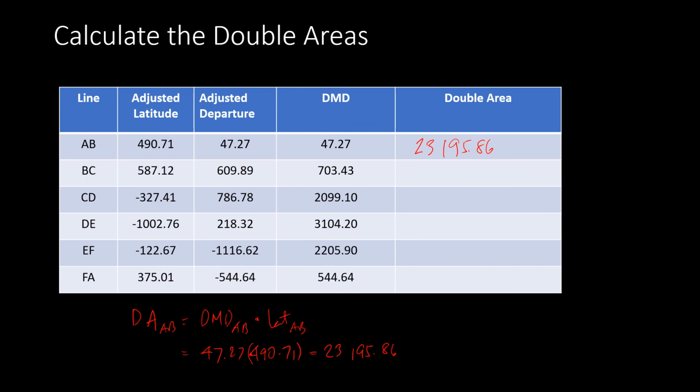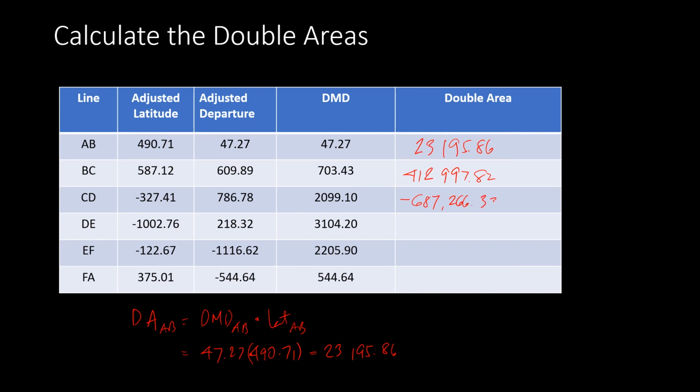We shall be doing the same rule. We get the product of the DMD and the adjusted latitude. So for line BC, it will be 412,997.82. For line CD, it is 2099.10 times negative 327.41, which is negative 687,260.86.